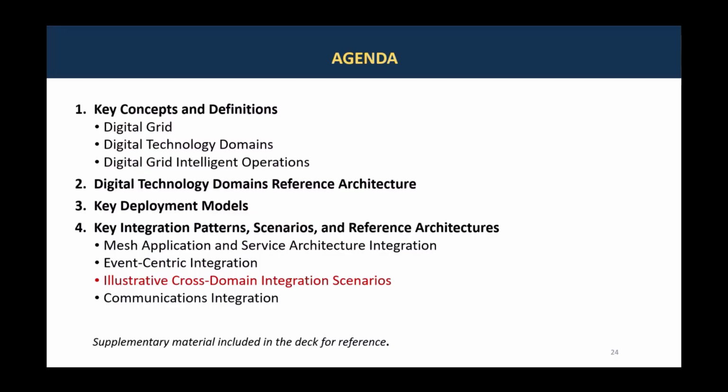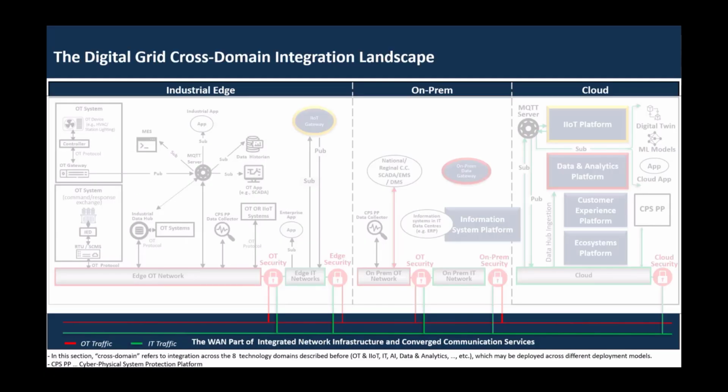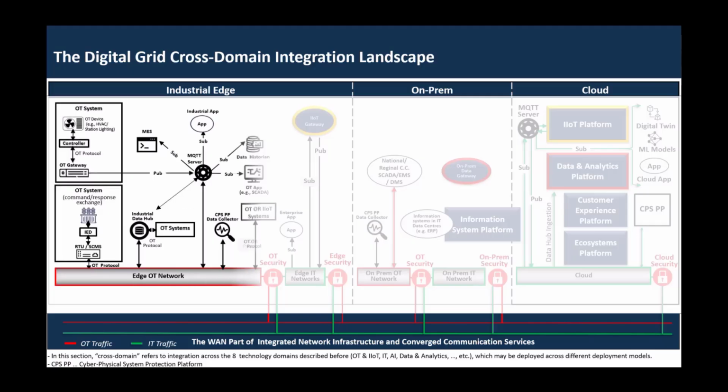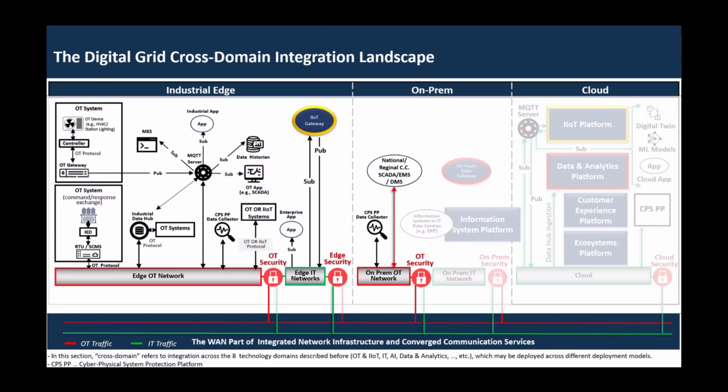Let us now go through some illustrative cross-domain integration scenarios. Here, this is the digital grid cross-domain integration landscape, where we have at the industrial edge an OT network and an IT network, and also at the on-premises zone, we have an on-premises OT network and on-premises IT network.